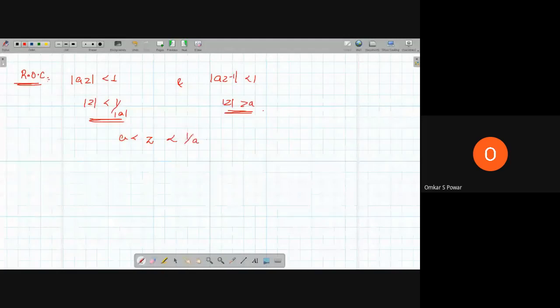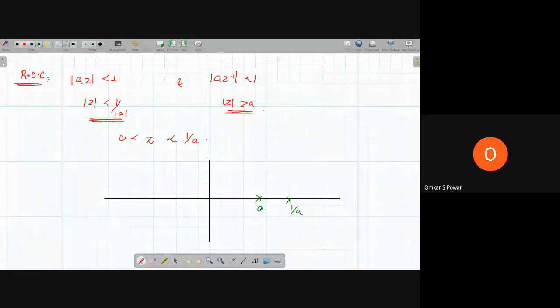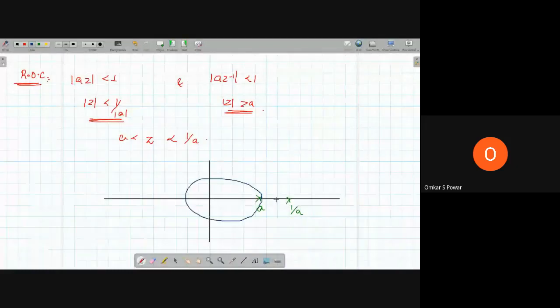So how does your ROC look? You have to plot your ROC, right? So let me plot that for you. This is your z plane, real axis, imaginary axis. You have poles at z is equal to a and z is equal to 1 by a. Then I need to draw circles at z is equal to a and z is equal to 1 by a.